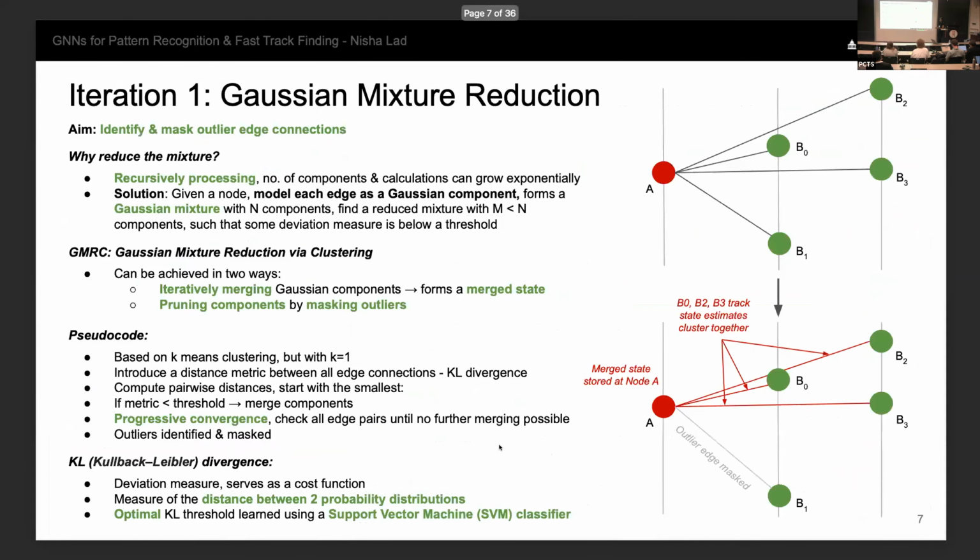So this step before the Kalman filter. Yeah. Particularly within dense regions, this is quite important because you have so many edge connections, and if you can prune any edge connections before doing the Kalman filter, it's much more efficient because you can get rid of obvious outliers easily with clustering, like similar edges together.